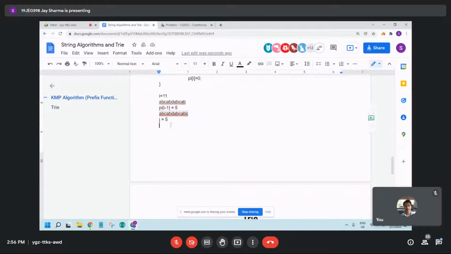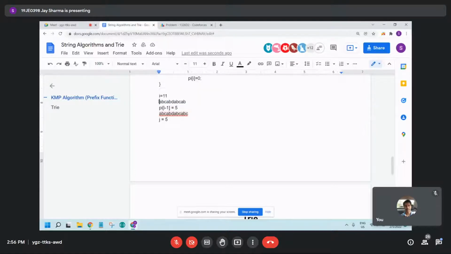So we need to find a smaller value which is also satisfying the prefix property for this string. What I can say is that if these first 5 characters were equal to the last 5 characters, and if you have some string, let's say AB, which is also a suffix of the whole string, then this AB is also a suffix of this string of 5 characters.